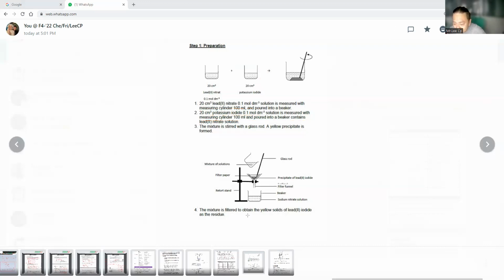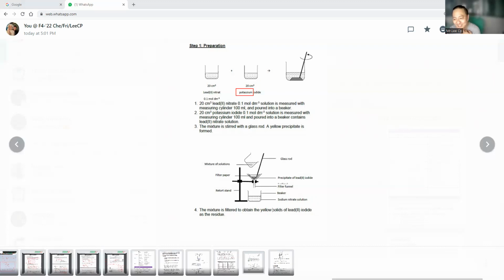What happened is the mixture is filtered. The yellow precipitate stays here, and that is the lead iodide that I want. So you filter with the filter paper, and the salt is the residue. The filtrate comes from here, and the sodium, not sodium, this one is wrong.